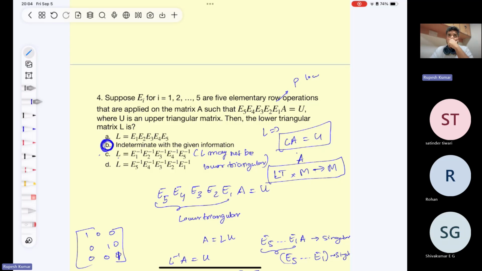I myself don't remember all the elementary operations, but I remember one property: doing an elementary row operation does not change the rank of the matrix. So if it does not change the rank, then it can't be a singular matrix.